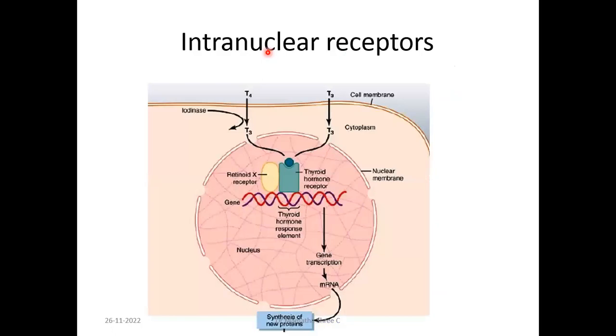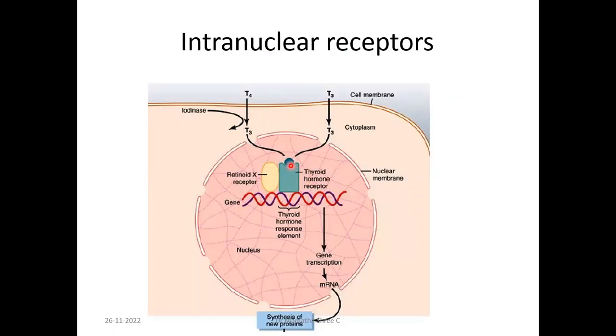Now, another example I can give you is a thyroid hormone. Steroid hormone bound to the cytoplasmic receptor. Likewise, thyroid hormone will bind to its nuclear receptor. You know it is T3 and T4, but T4 also is converted into T3 in the cytoplasm, and this T3 will bind to its receptor in the nucleus. You know that the retinoid is very much necessary for the complex of thyroid hormone to activate, right?